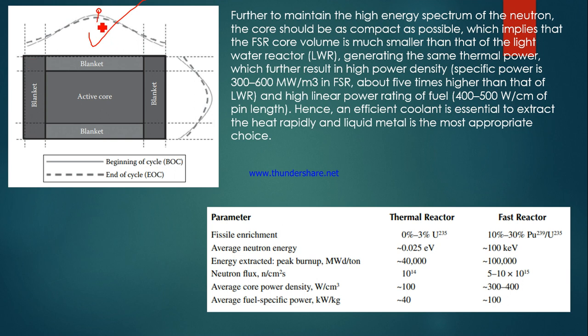This is the peak, here and here. So this is the power distribution, the power generated due to fission in the blanket as well as the active core. This is the comparison of thermal reactor and fast reactor.